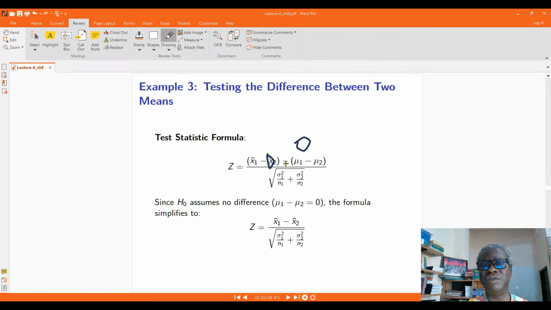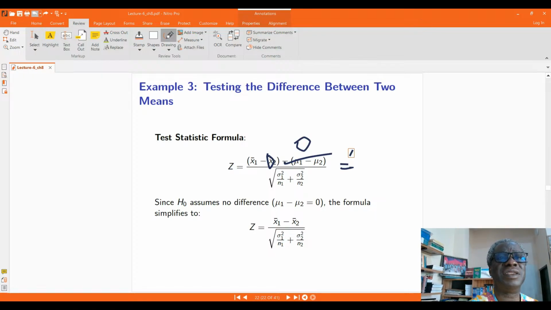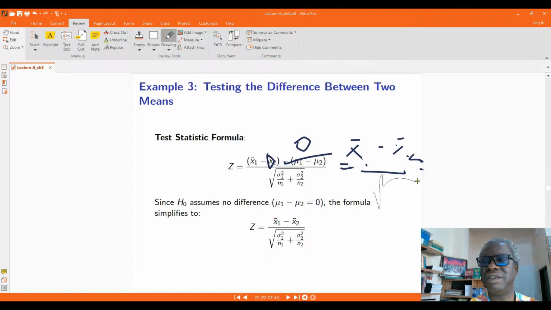Since this will be 0, that's why the formula earlier is simply saying x bar 1 minus x bar 2, all over the standard error.